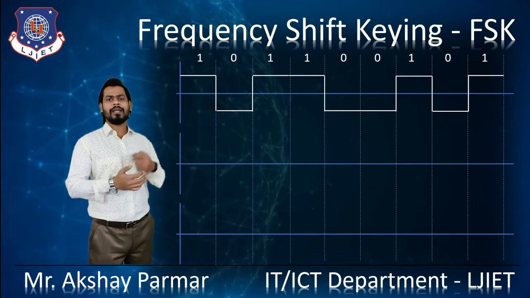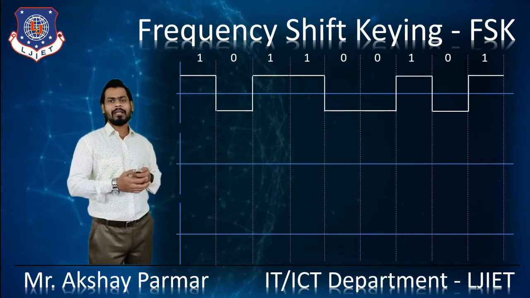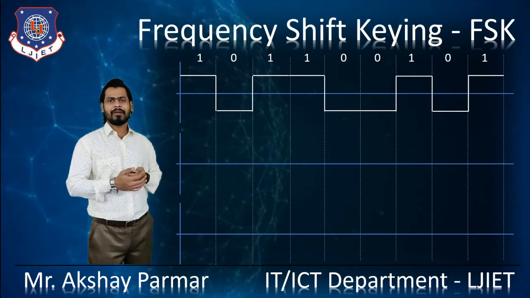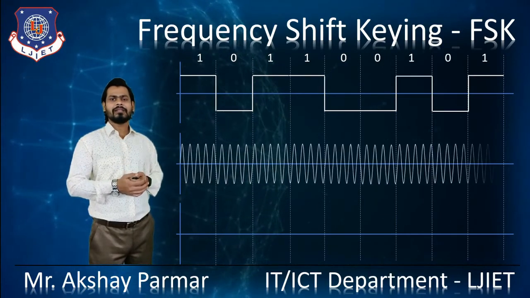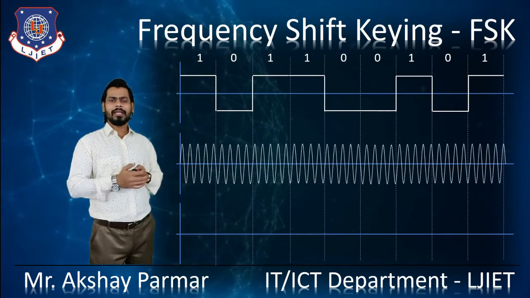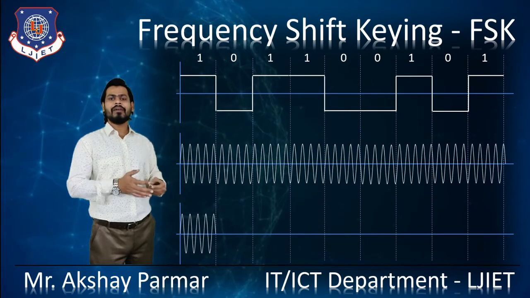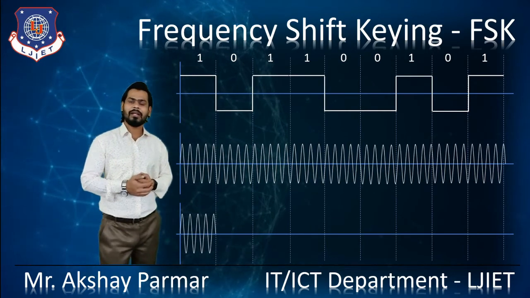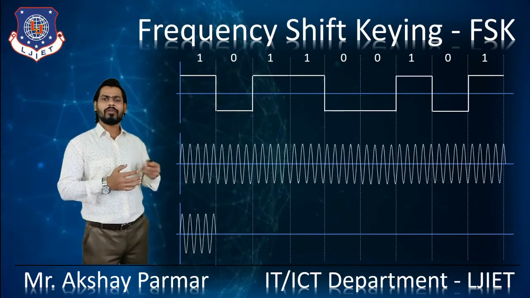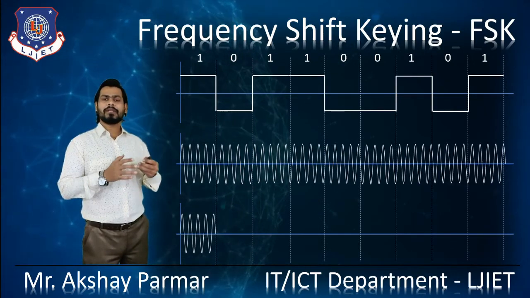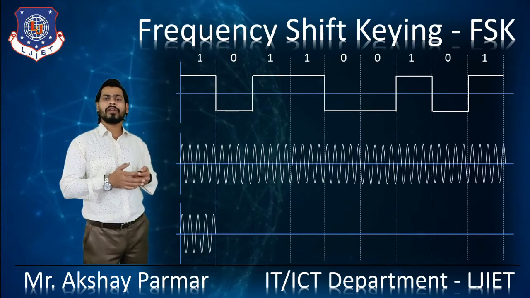Suppose the bit sequence 10110001 is there. For modulating it with frequency shift keying, the analog signal is there, right? Whenever bit 1 is there, we represent it by the signal which has the higher frequency. After that, bit 0 will be represented by the carrier signal which has the lower frequency, right?